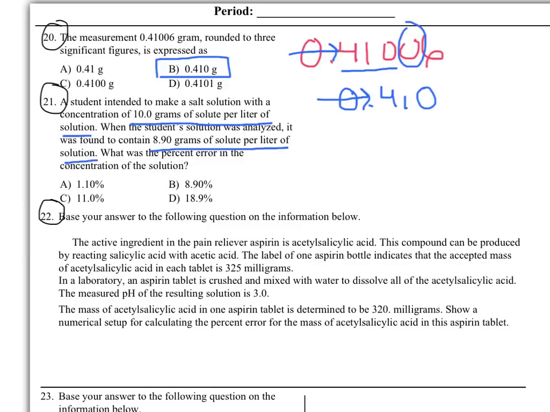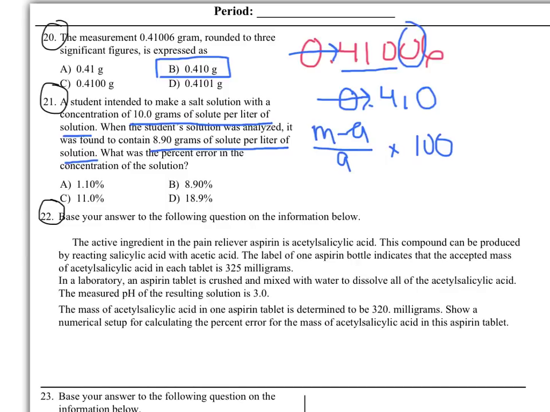Now, in the percent error equation found on reference table T, we know it is our measured value minus our accepted value over our accepted value times 100. The hard part here is that the question doesn't say accepted value or measured value. But remember, whatever is done in a lab, whatever a student does or you do, is always going to be the measured value. And whatever is expected is usually what is accepted.